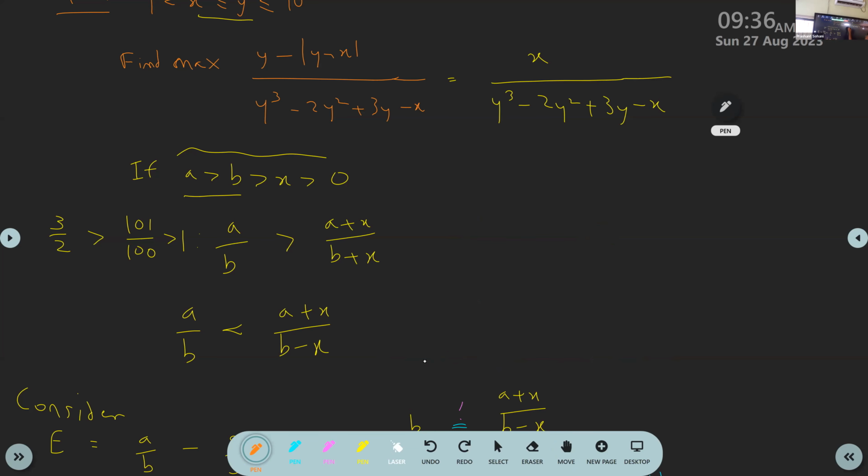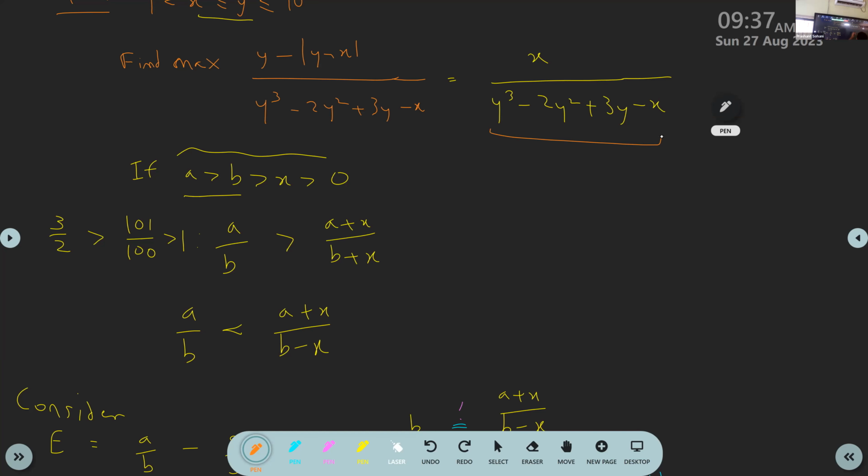So the denominator I can rewrite as, see, I want to get rid of what will make this negative, if at all, the negative terms, right? So I want to compensate those negative terms with sufficiently large positive terms. So if I match them that way, that for every negative term there is a sufficiently larger positive term sitting there, so that the negative term does not have any effect, then the whole expression will become positive.